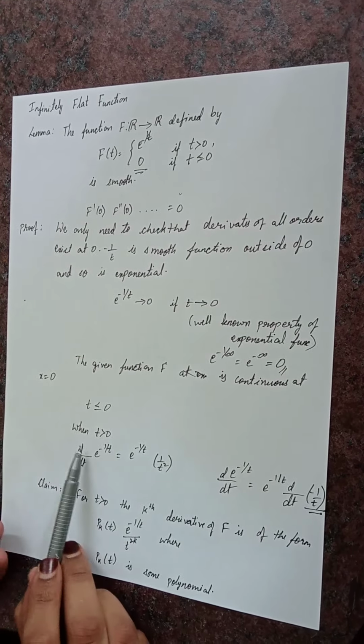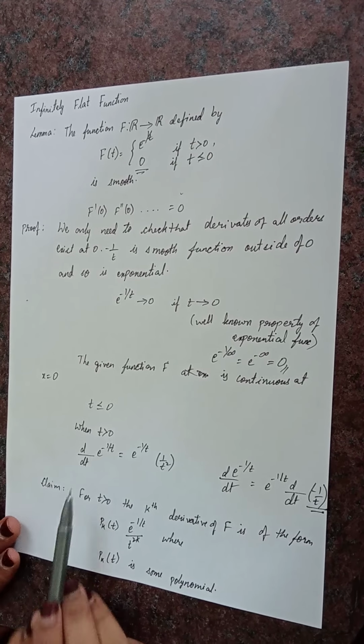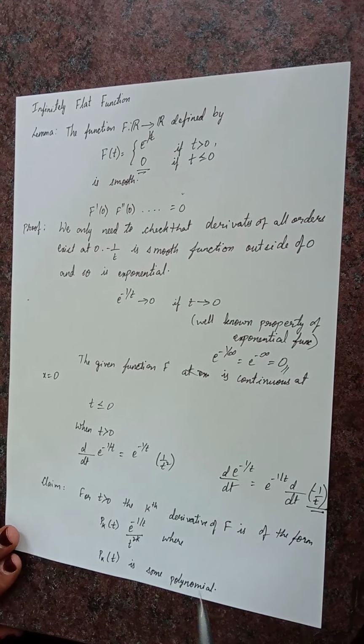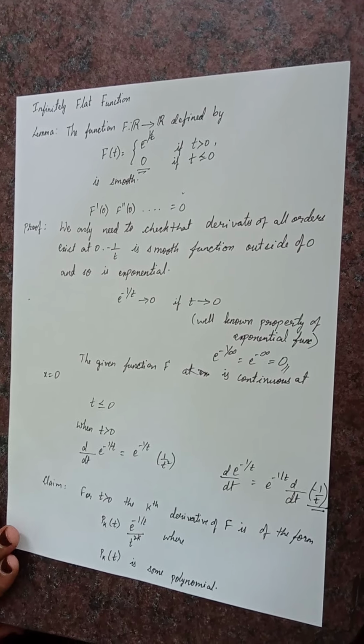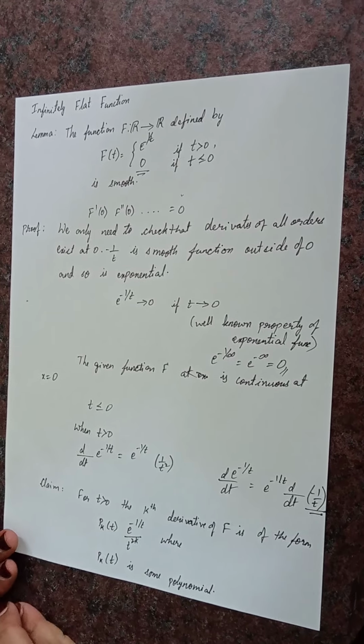Now here we have proved that this derivative does exist. So what I am trying to prove is that the derivatives of all orders of the function f do exist.